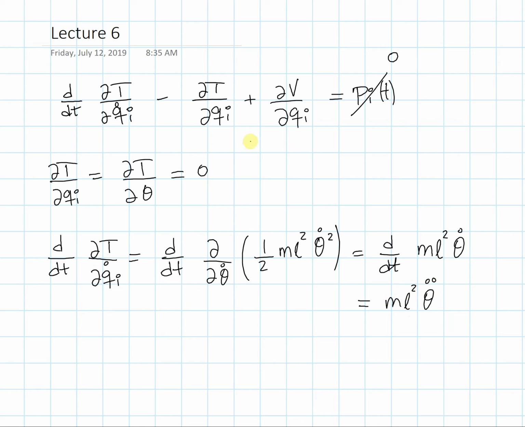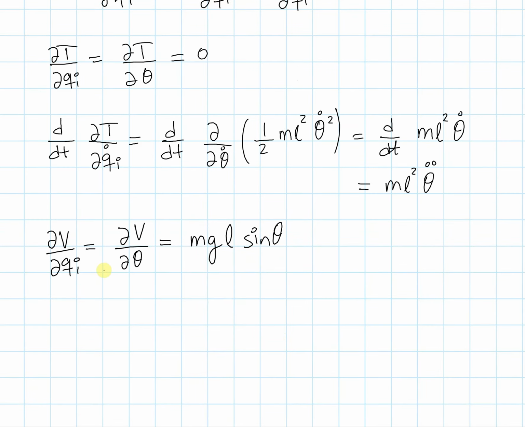And lastly, I want to work with this potential energy term, and what I'll get is the following. And this time we have m g l sine theta. Alright, let's put it all together now, and we get the following structure for the equation of motion.